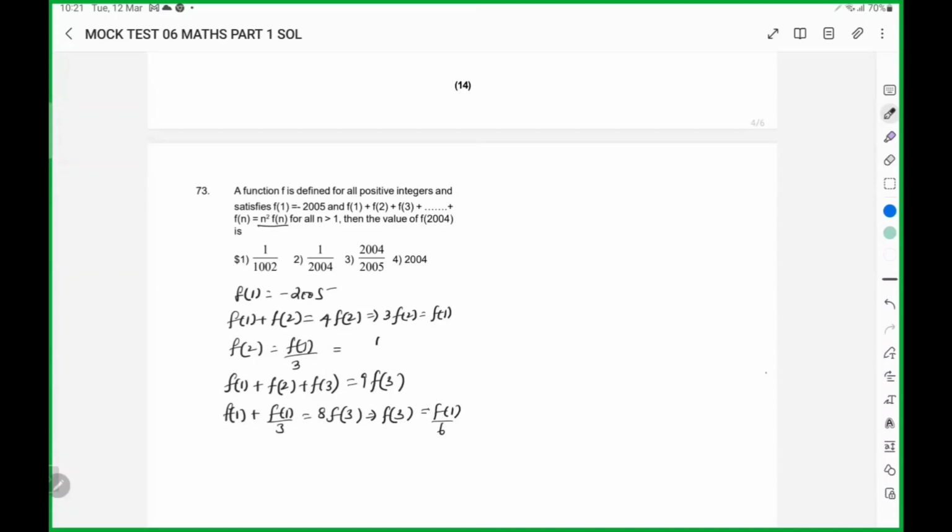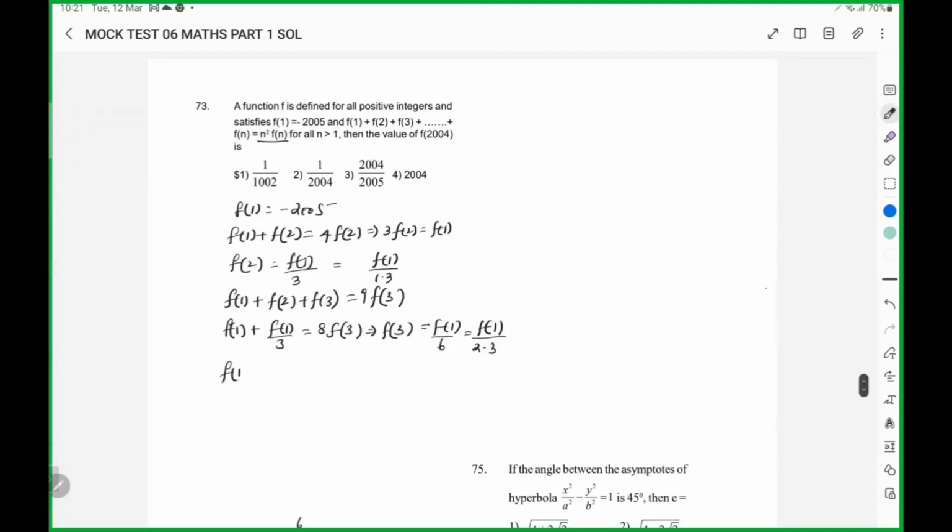So it is f of 1 by 1 into 3. F of 1 plus f of 3 plus f of 4 is 16f of 4. It is 9f of 3, 15f of 4.